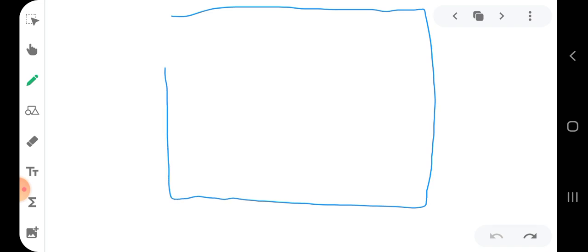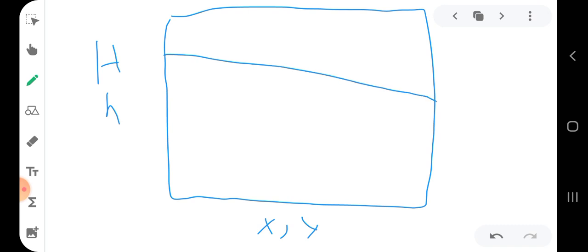So let me summarize what we did in the previous video. We have this graph, this is the enthalpy, and this is the composition, and we have the enthalpy curves.